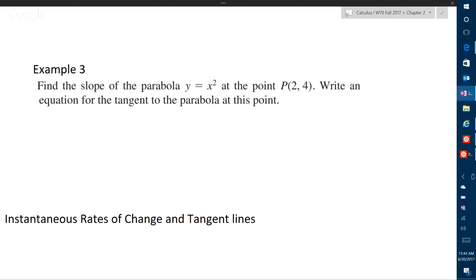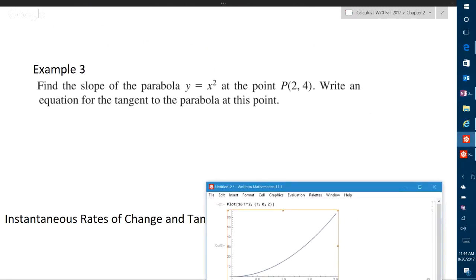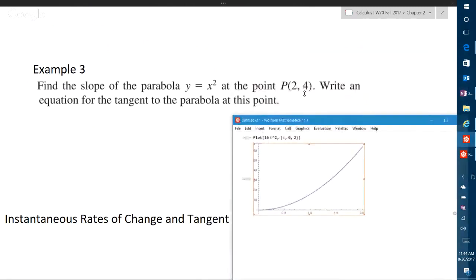Now for this problem, we might want to use Mathematica to quickly draw out the graph. So let's bring back Mathematica. I'm going to plot again. In this case, my function is x squared. So I have x to the second power. And in curly braces, I'll have to define my interval.